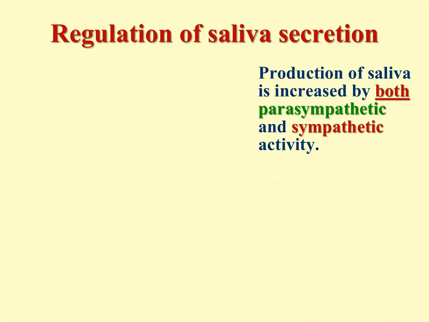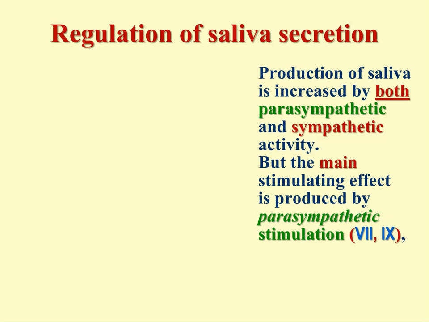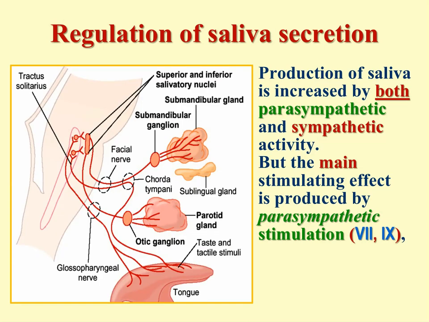Of course, main stimulation of saliva occurs due to parasympathetic stimulation. And there are two nerves that can do it. The fibers of the seventh nerve, facial nerve, chorda tympani if you remember, stimulate the submandibular gland and also some other parts. And also the glossopharyngeal, number 9 nerve, stimulates the parotid gland, and so secretion of saliva increases greatly.